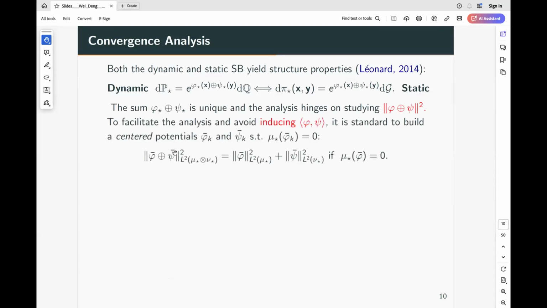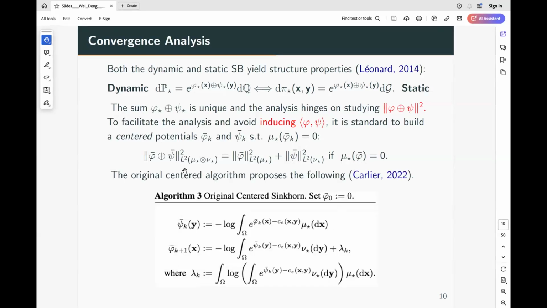And to facilitate the analysis and avoid inducing the inner product term, it's quite standard to build centered potentials as follows. So basically, we can avoid the unexpected inner product and lead to the equation where the squared sum is equivalent to the sum of the squares.